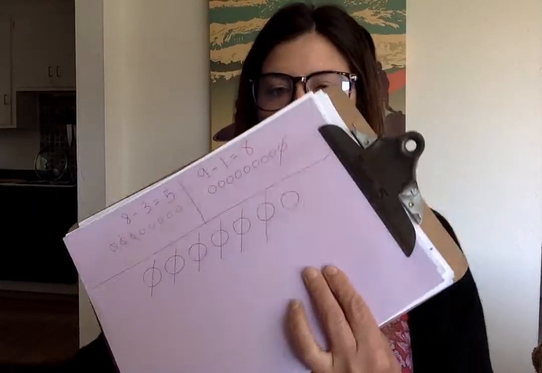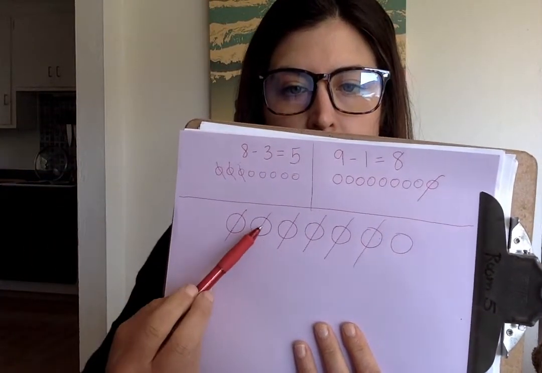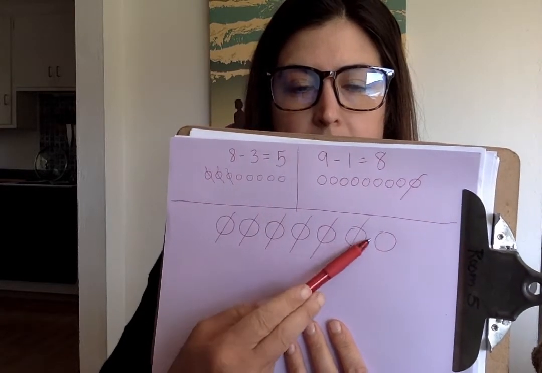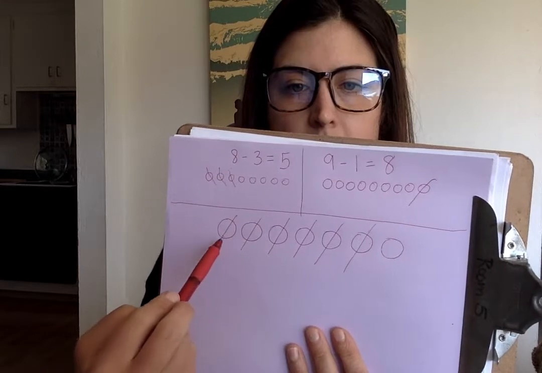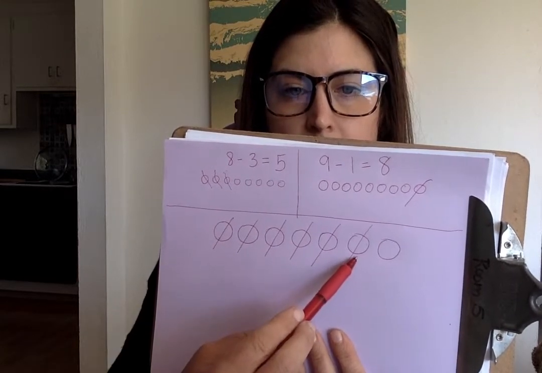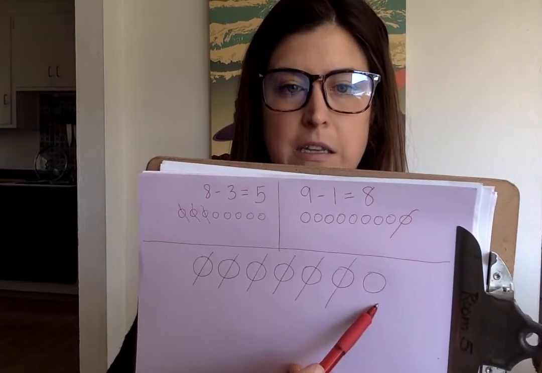I started with 7, and then 6 fish swam away. So how many will I cross out? I crossed out 6. 1, 2, 3, 4, 5, 6. I started with 7, and then I crossed out 6 to show that they swam away, and I see that there's 1 left.